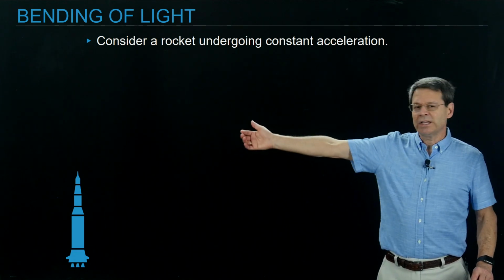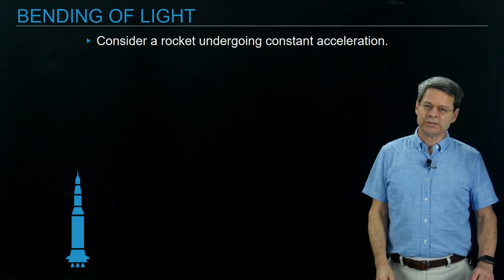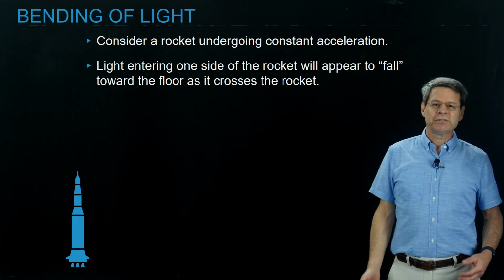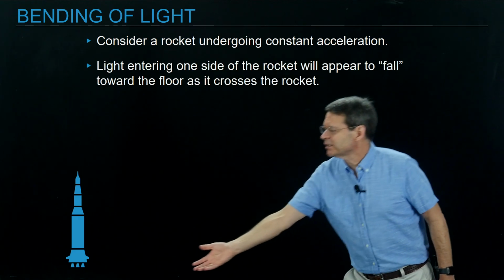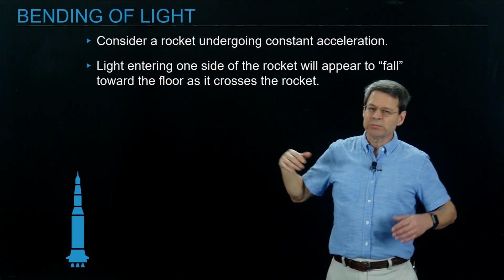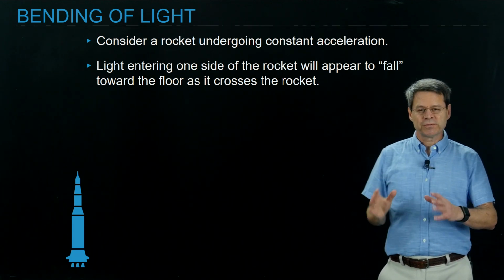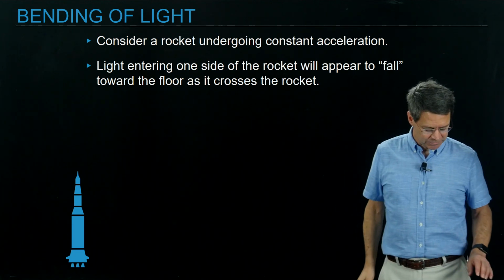And we can imagine a light beam coming from the left and crossing through, maybe it's going through some windows in the rocket. So light enters one side, but as the rocket is accelerating upward, it'll appear to someone within the rocket as if the light is falling in the reference frame of that rocket, that accelerating reference frame.